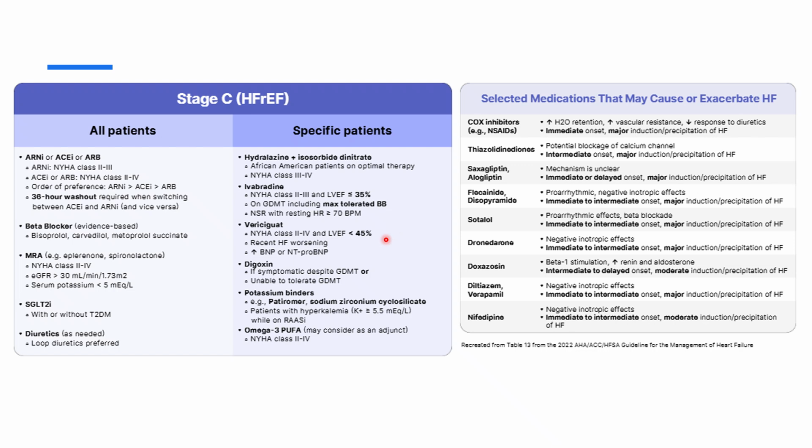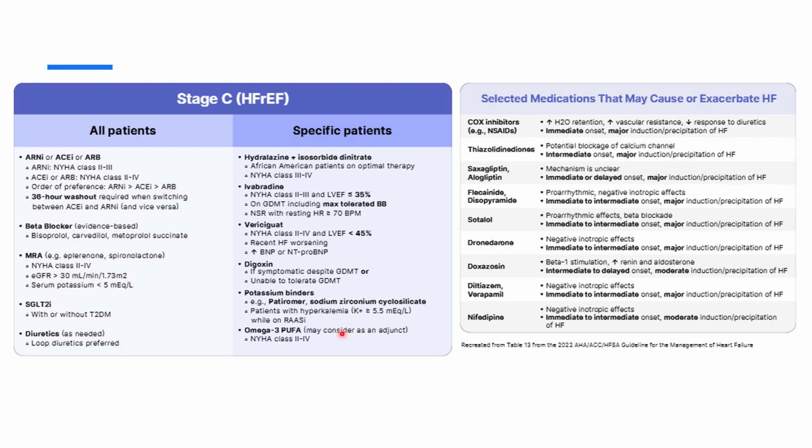Then vericiguat in NYHA class 2 to 4 and left ventricular ejection fraction of below 45%, recent heart failure worsening or increased BNP or NT-proBNP. Then digoxin if symptomatic despite GDMT or unable to tolerate GDMT.